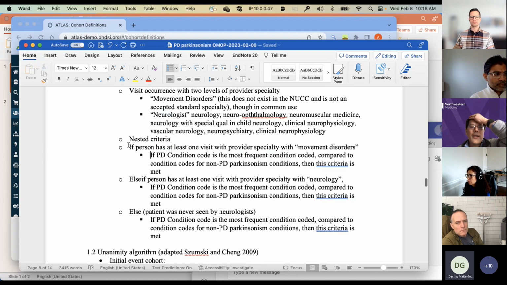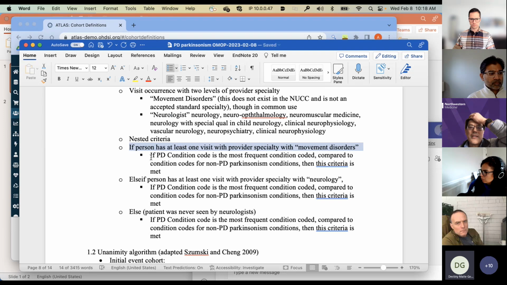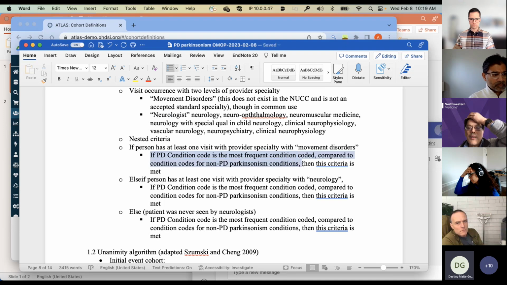If the person has at least 1 visit with a movement disorders person, only look at those visits, identify the condition codes at those visits, and if the PD specific condition code is the most frequent one compared to the condition codes of the non-PD ones, then the criteria is met and you stop.